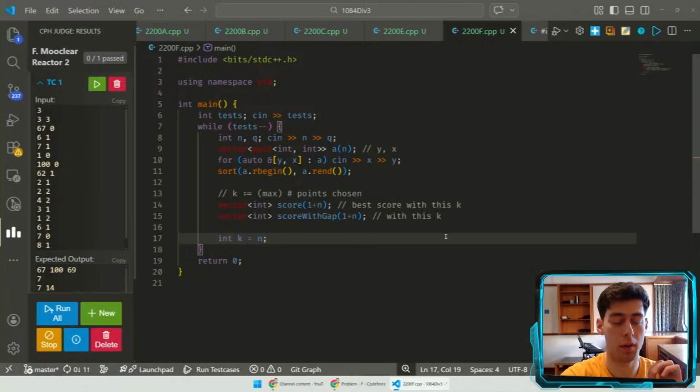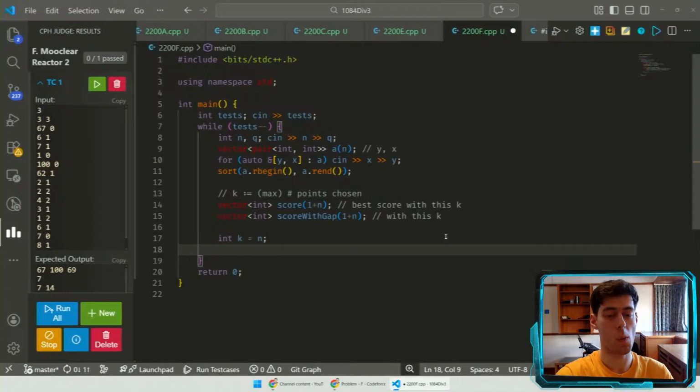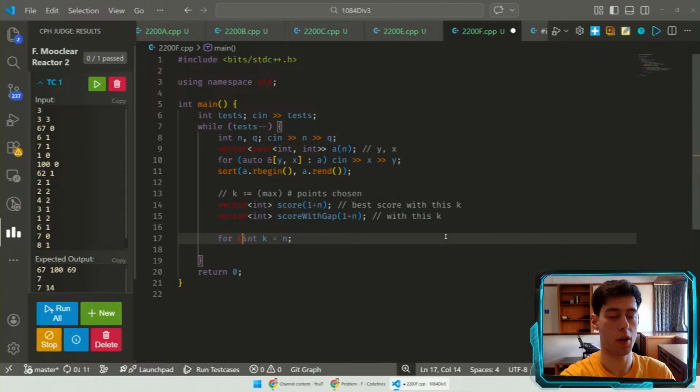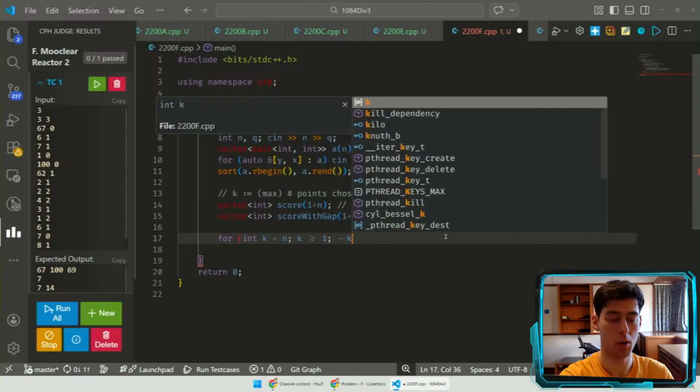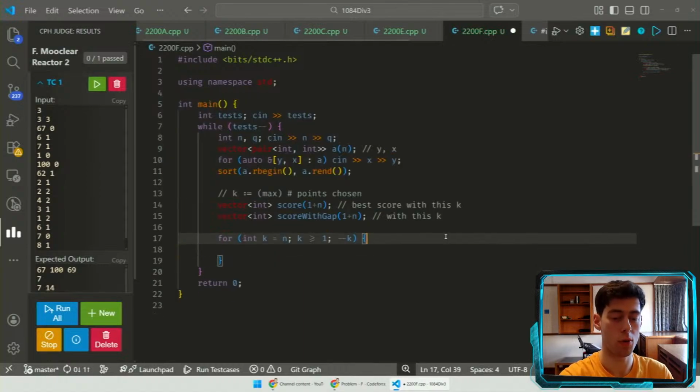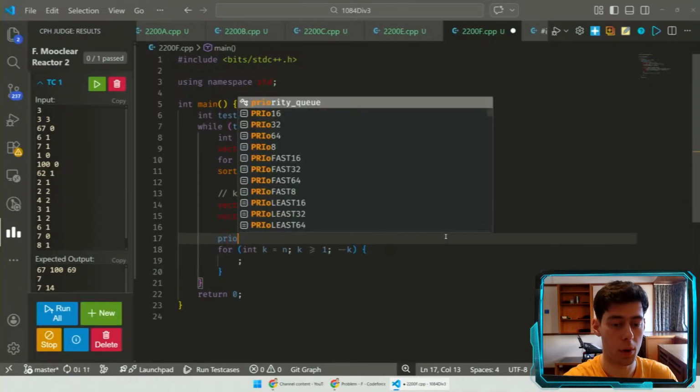So, all right. Actually, I think I can just do this straight with a for. So I loop through the case, and now I've got a priority queue.